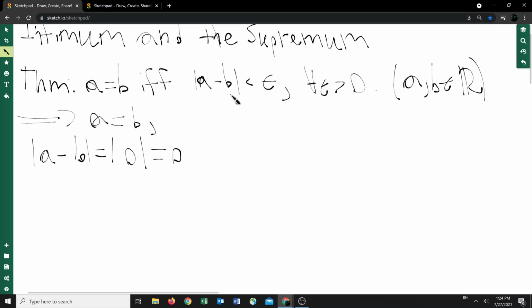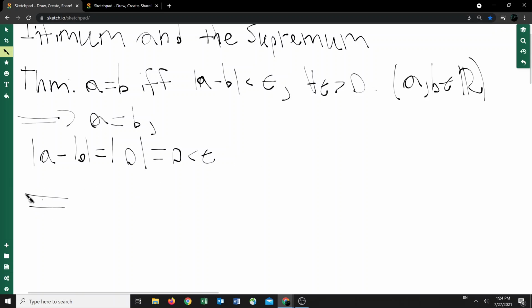So for all epsilon greater than 0, this is true. That is what we wanted to prove for this direction. Clearly this direction is quite simple.